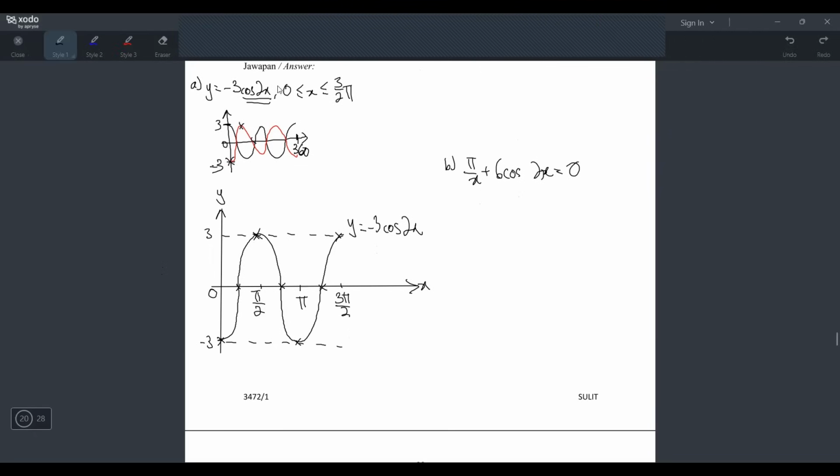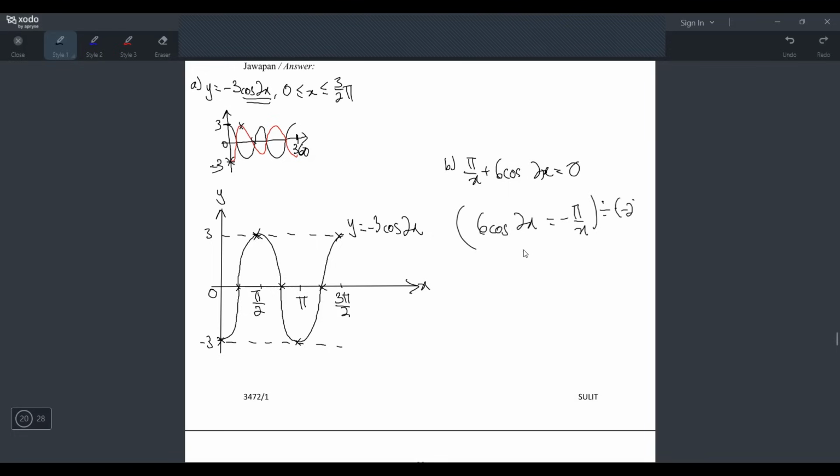And how do you do that? You will look at your question A. Your A question says y equals negative 3 cos 2x. It means I will try my best to change this to negative 3 cos 2x and then sub y inside. So first thing first, the pi over x, I will straight away move to the other side. Then you're left with 6 cos 2x. But I want negative 3 cos 2x. So I will divide everything by negative 2.